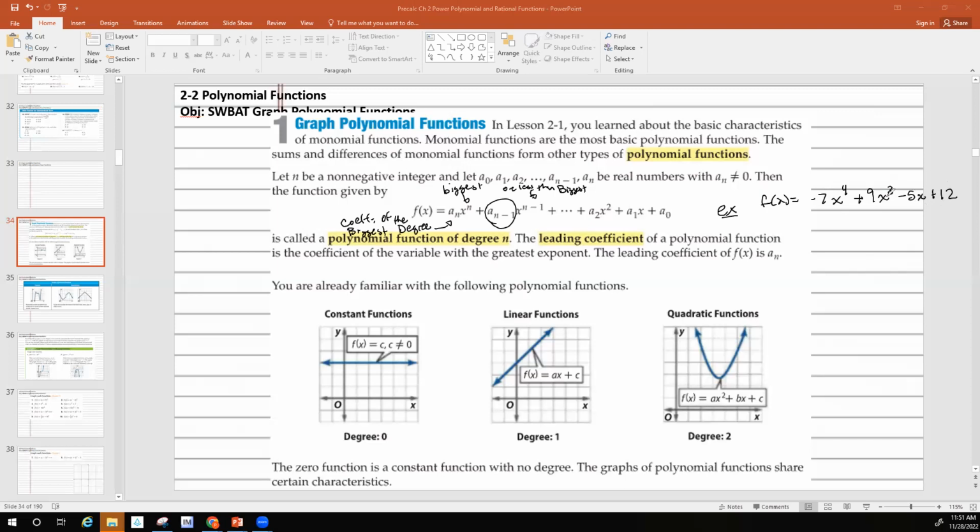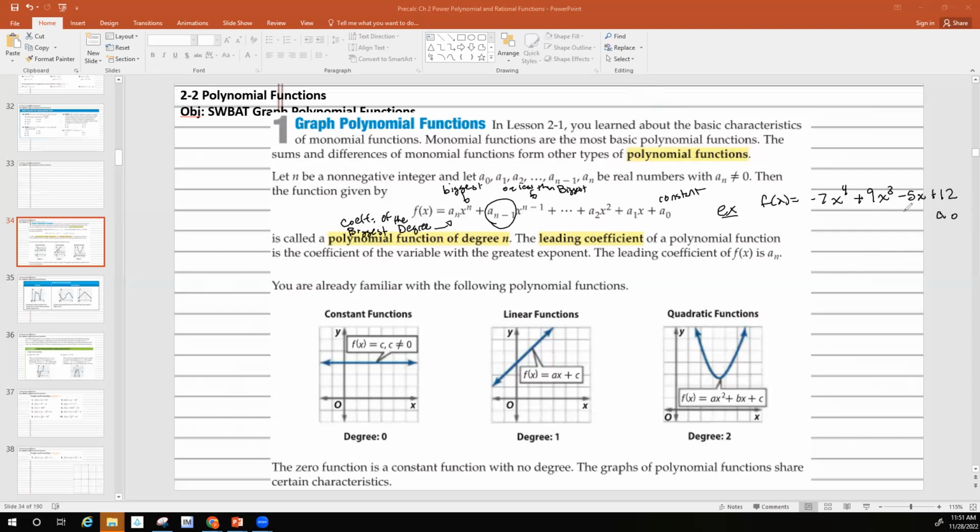All right, so here, the 12, that's our constant. Sorry, not coefficient. Our constant is always the one without an x. So this is our a sub 0.